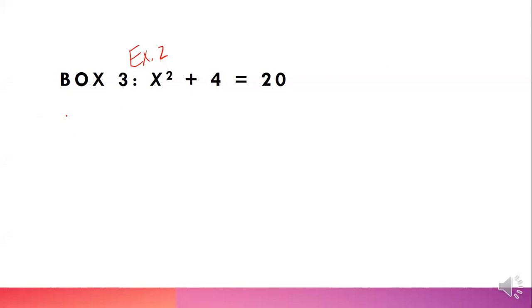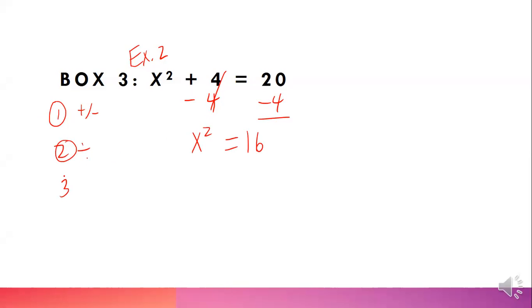All right, so step 1, in this situation, we are what? Subtracting. So we subtract the 4 from both sides, and we're left with x squared equals 16. So we added or subtracted. Is there anything to divide? No. Then we're going to do what?